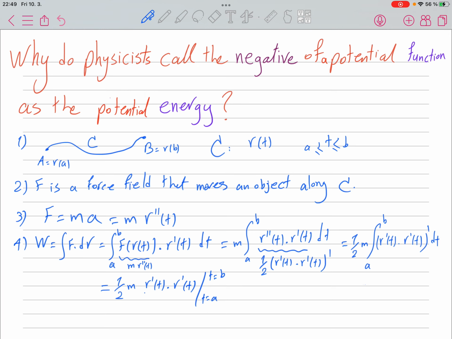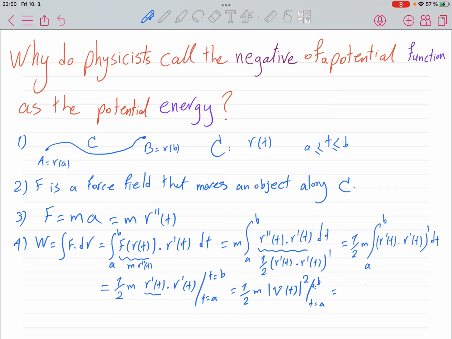And you know that R prime of t is the velocity at the point t. So therefore here what you have is 1/2 m, the length of v of t squared, from a to b, right?